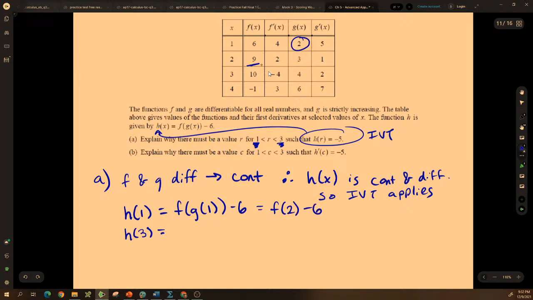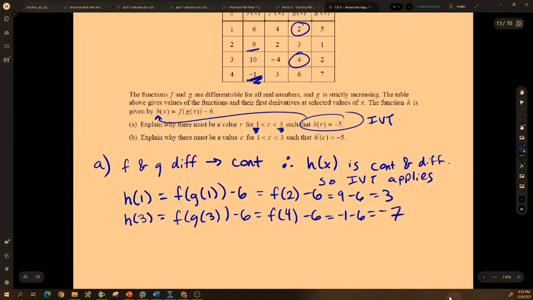F of 2 is 9. 9 minus 6 is 3. Then h of 3, f of g of 3 minus 6. That's f of 4 minus 6. F of 4 is negative 1 minus 6. We get negative 7.